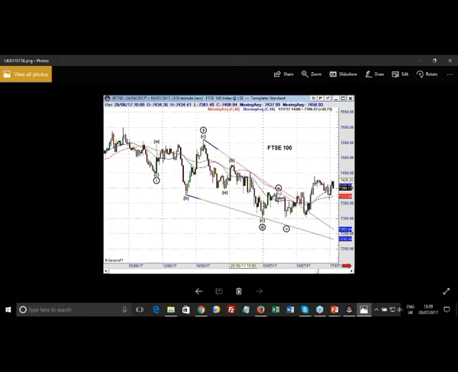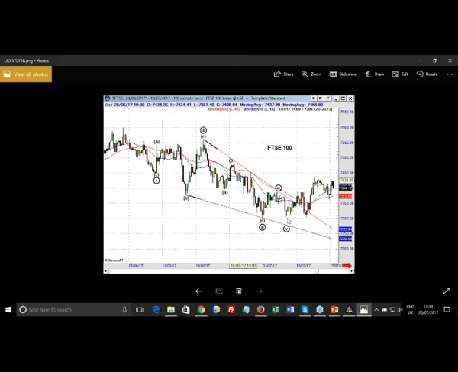So then we get that bounce on the line, the upper line of the falling wedge, and then a decline again. But this time, this is not textbook. It's not textbook because you can see that the wave 5 in a circle, which is the final wave of the decline, did not make a new low. You can see it just ended above wave 3, which is not textbook.